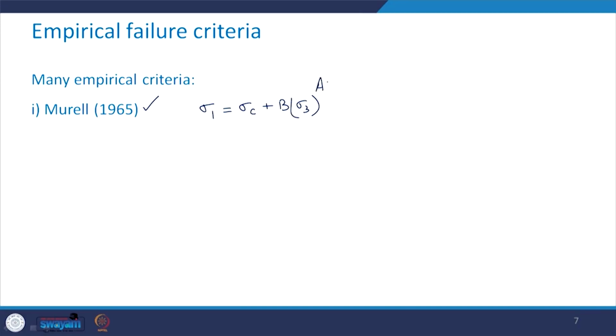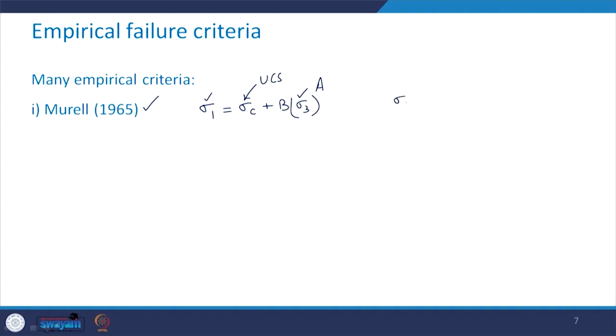You see here, the data which you have may be the result of triaxial tests where you have sigma 3 and sigma 1, and sigma c is given as the UCS of the intact rock.